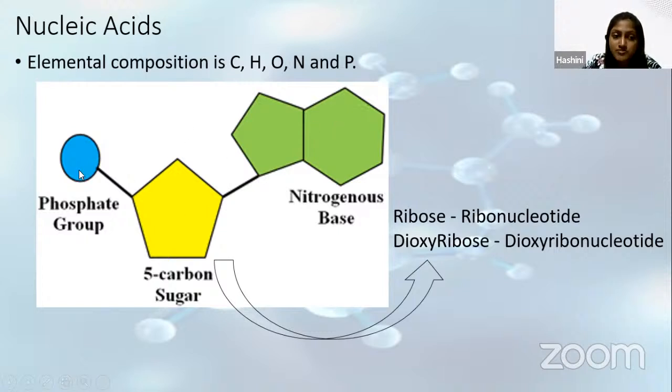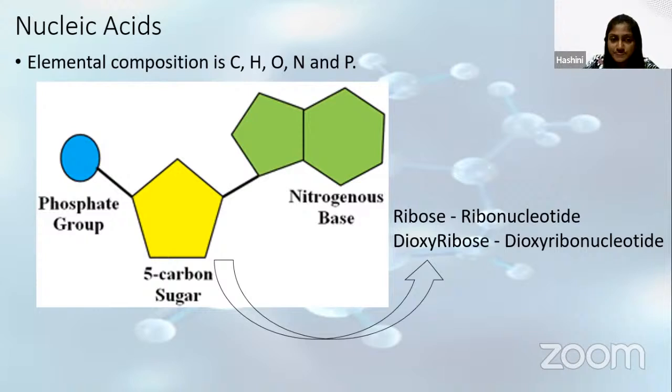There is a phosphate group, a 5 carbon sugar, and a nitrogenous base. So according to the type of sugar, there are 2 types of sugar, ribose and deoxyribose. So according to this type of sugar, the nucleotide will be decided, right?